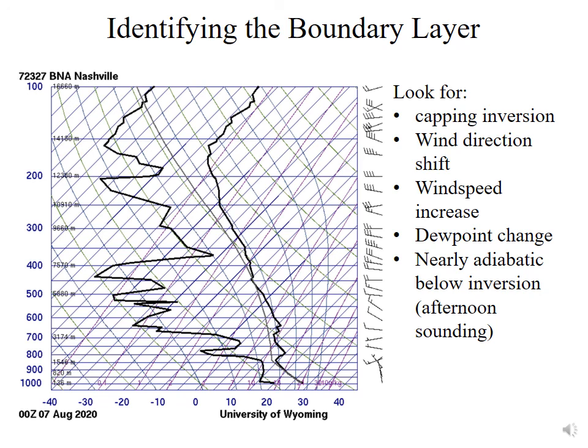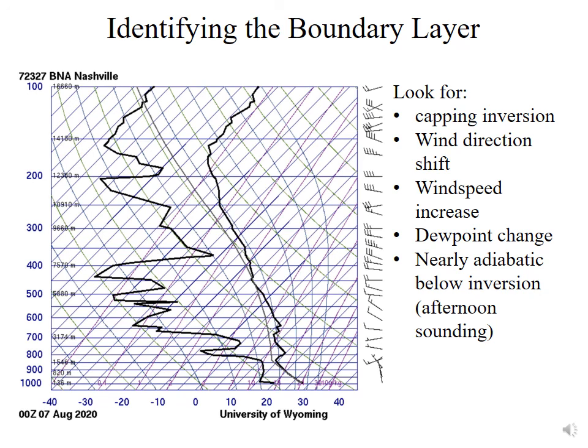We can often have a dew point change because we have a different air mass. And a lot of times the temperature below the inversion will be nearly adiabatic in the afternoon because of vertical mixing. And that basically means that the potential temperature is constant with height.